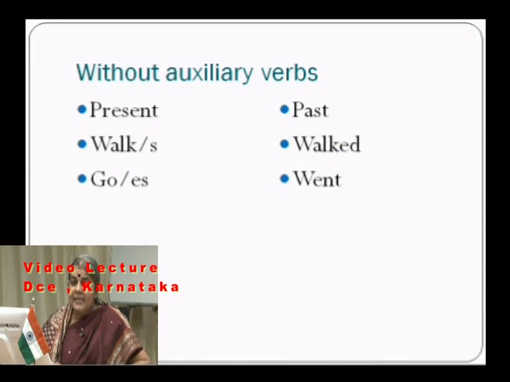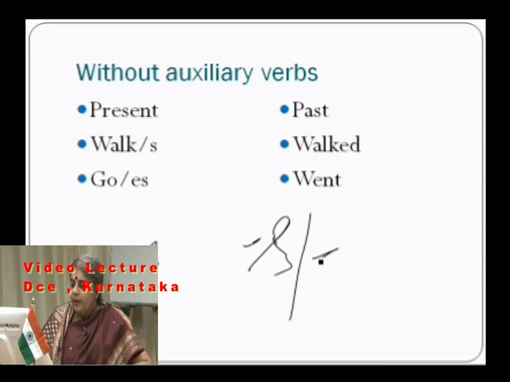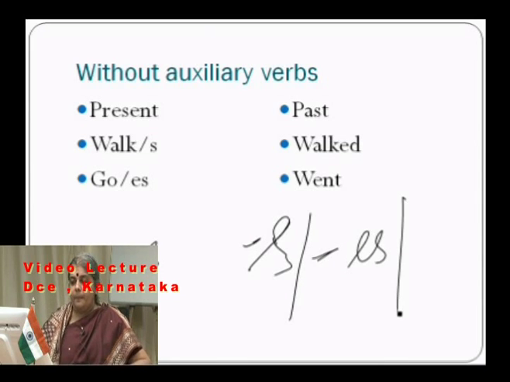Now, as I have told you before, the present simple form takes what type of suffix? It takes an S or an ES. It takes an S or an ES form. Walk has taken which suffix? An S form, walks. Now, go has taken which suffix?